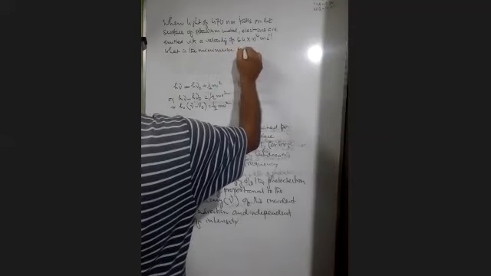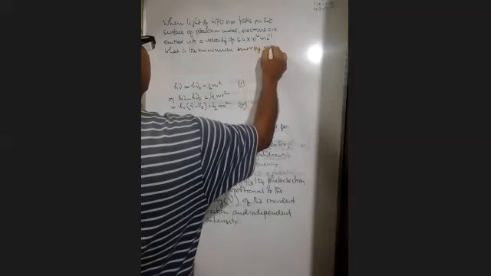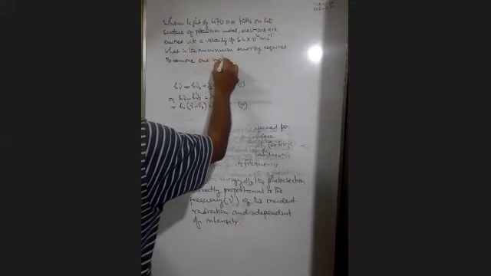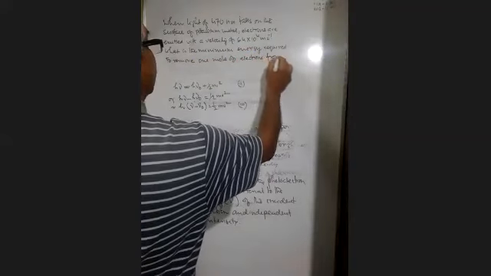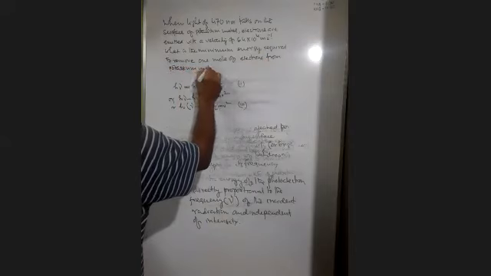What is the minimum energy required to remove 1 mole of electrons from potassium metal?